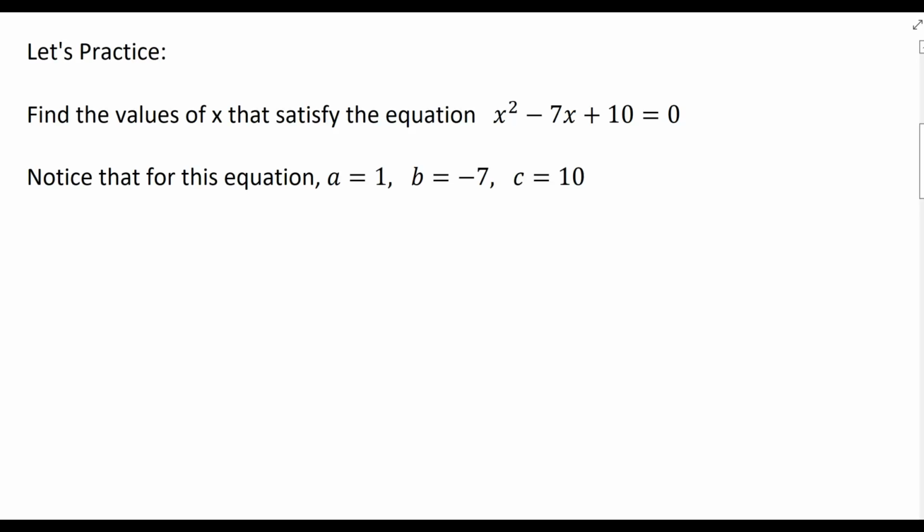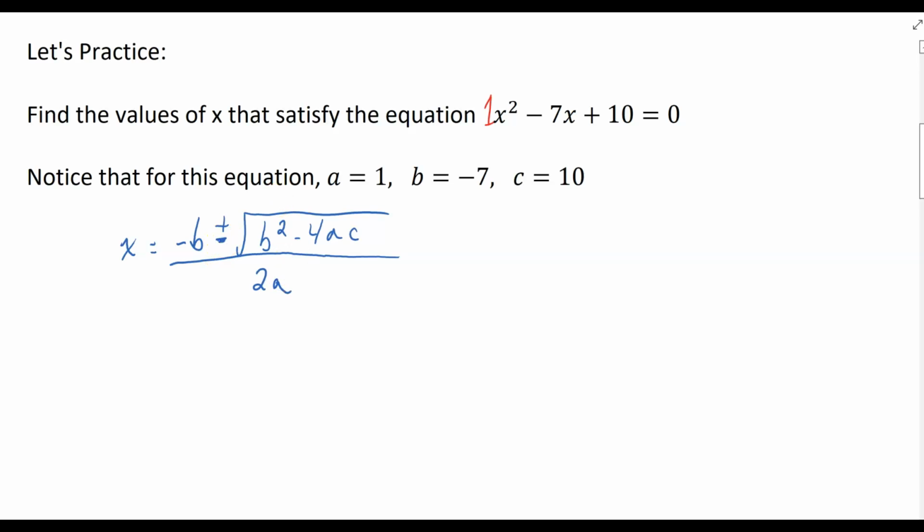Notice this is in general form, so the values for a, b, and c are 1, negative 7, and 10, respectively. So let's solve for x. x equals, again, let's look at that formula, negative b plus or minus the square root of b squared minus 4ac, and this is all over 2a.